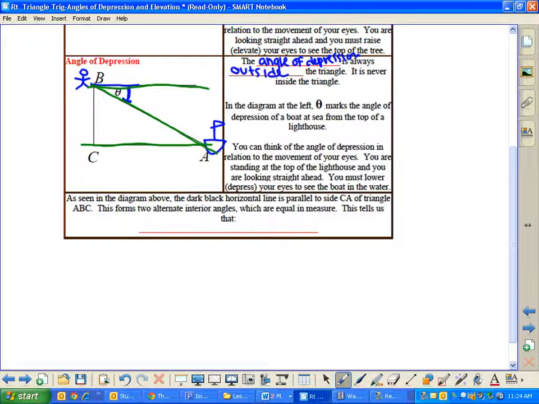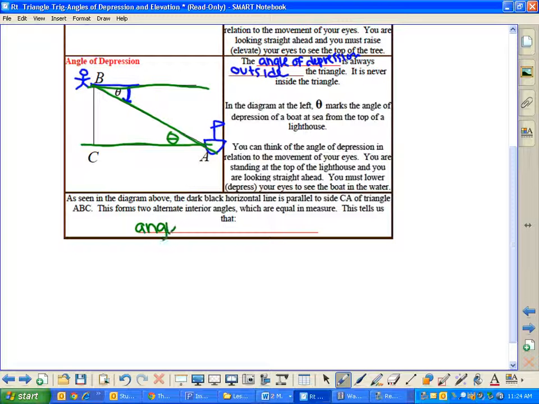Well, do we remember that opposite interior angles are equal? Yeah. So doesn't that make this theta too? So our little fact down here, this tells us that the angle of elevation is actually equal to the angle of depression, right? Doesn't our diagram show that?